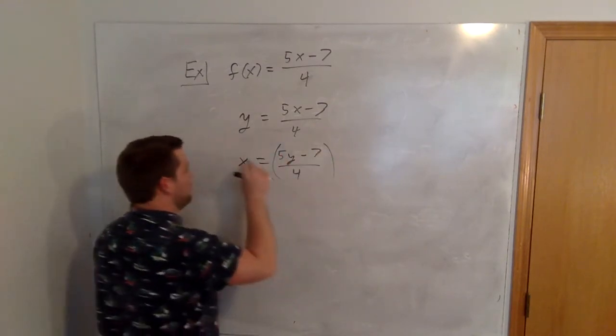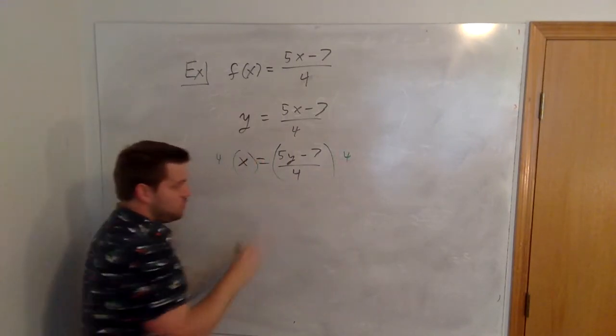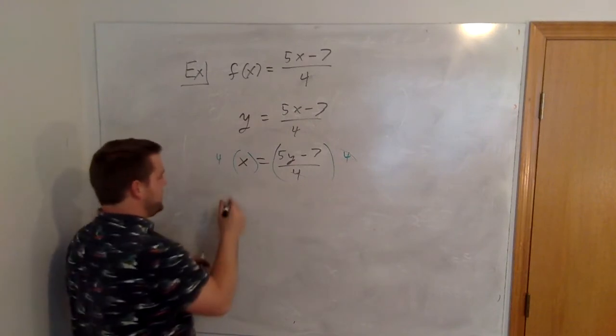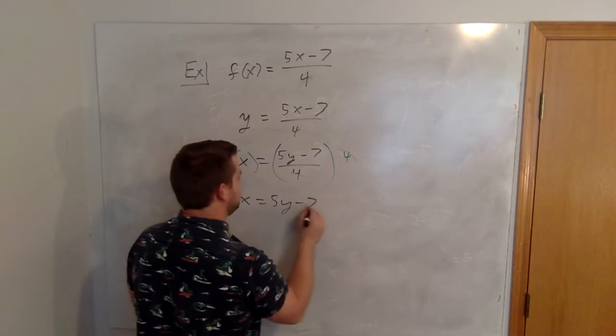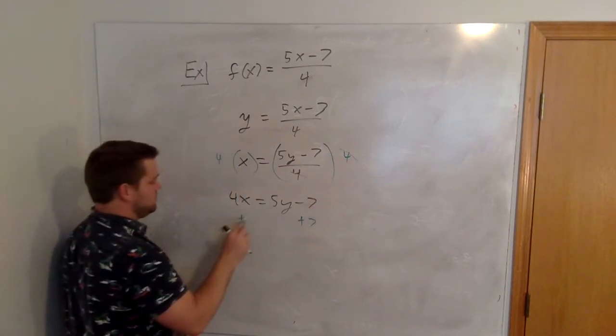Okay, so now we want to solve for y. So we'll multiply both sides by 4. Whenever you see fractions in an equation, you should always clear them. So we're going to get 4x is equal to 5y minus 7. Okay, let's add 7 to both sides.